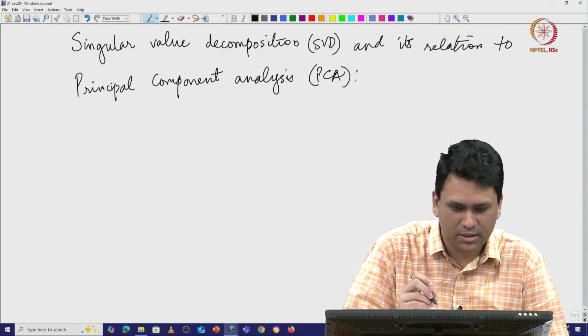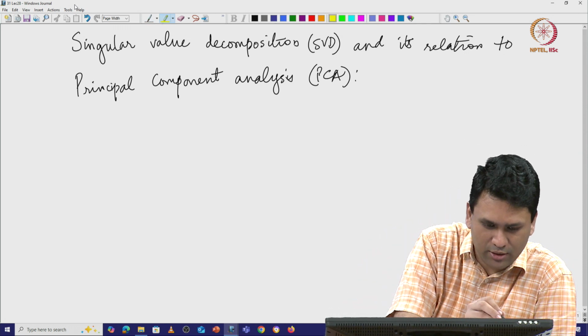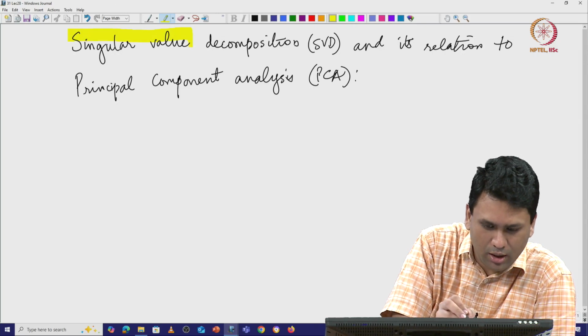Alright, so how does this work and what exactly is meant by a singular value? That is what we will try to understand here.